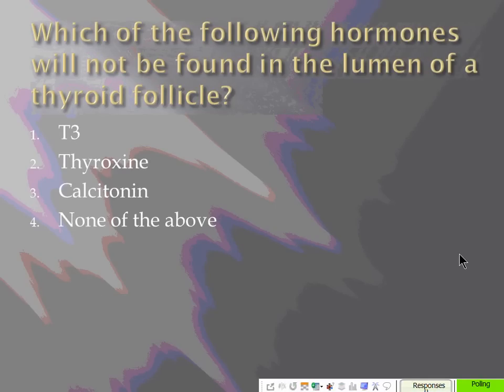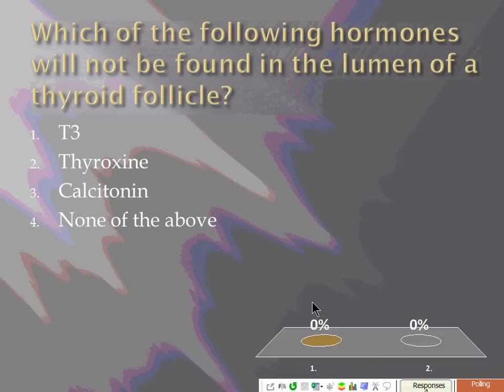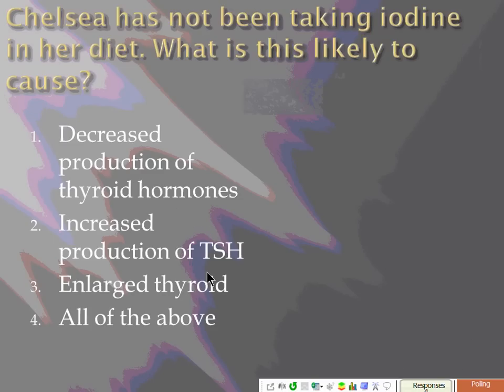So let's do a little review on the thyroid. Which is not going to be found in the lumen of the thyroid follicle? Calcitonin, yes, very good. Okay, let's see. Chelsea has not been taking iodine in her diet.